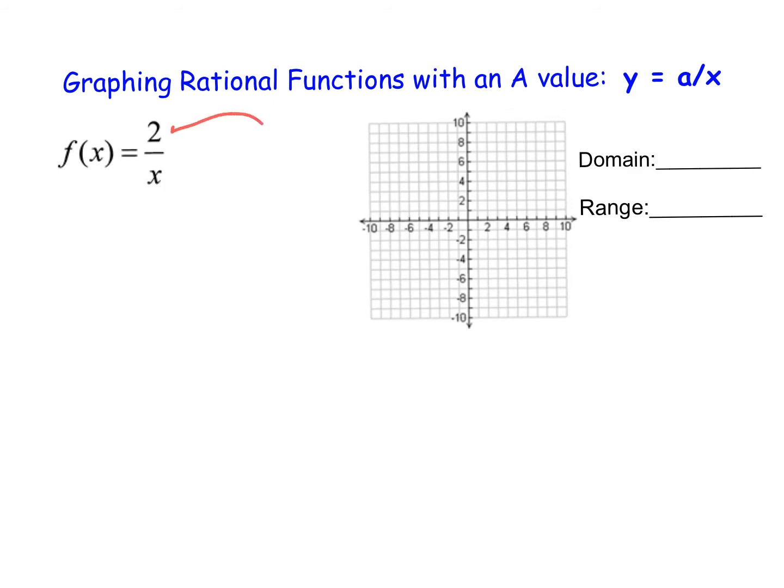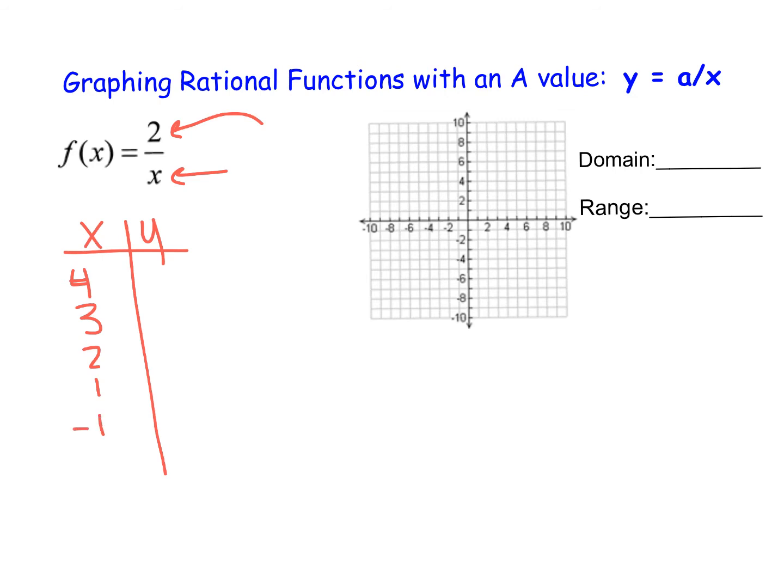So notice that all I'm doing here is changing the number that is up in the top of the fraction to something that is a number other than 1. So here we have a number that is 2. What I'm going to do is make a table of values, and I'm going to start with the same 4, 3, 2, 1. I'm going to skip 0 because I know that the denominator can't be 0, so x equals 0 will not work.